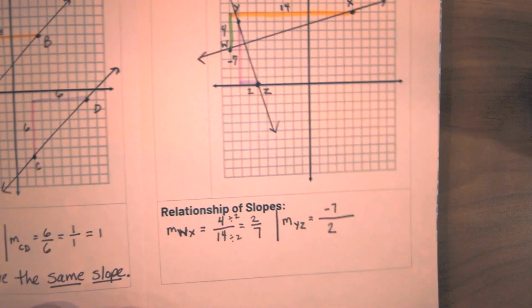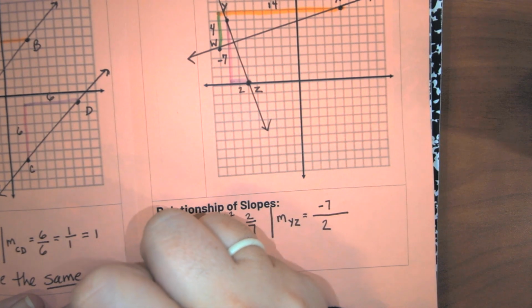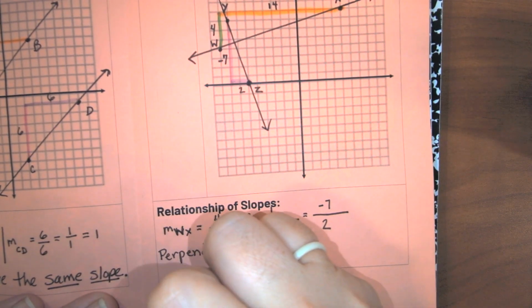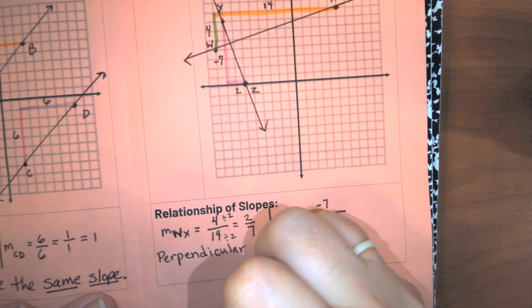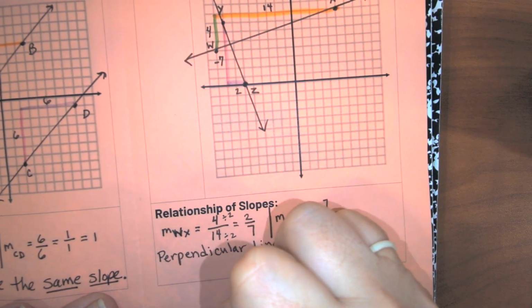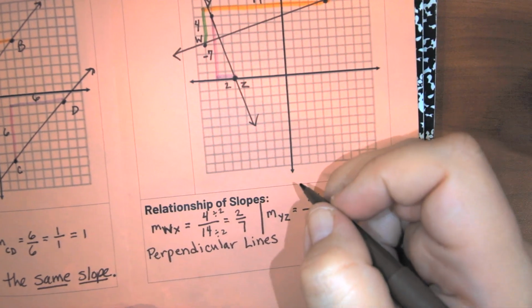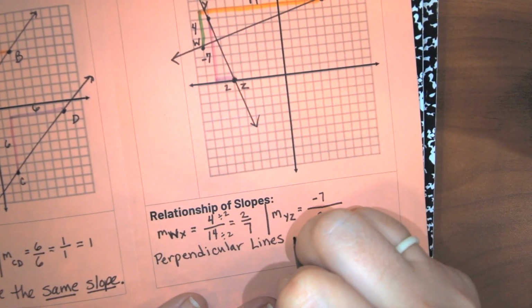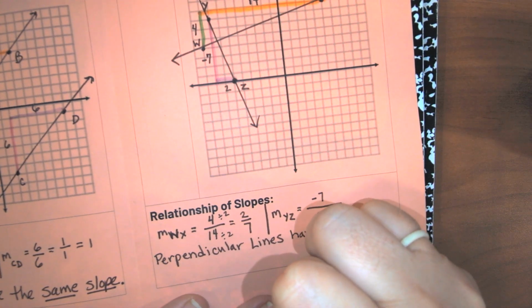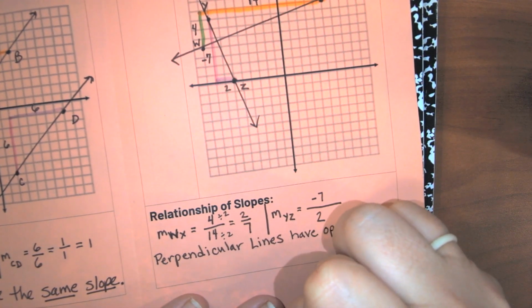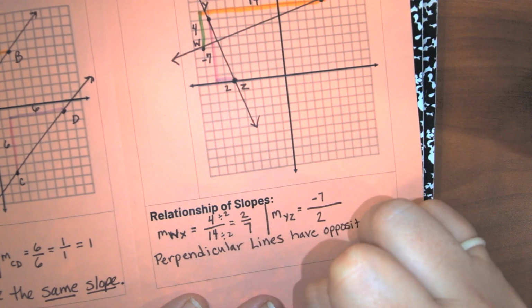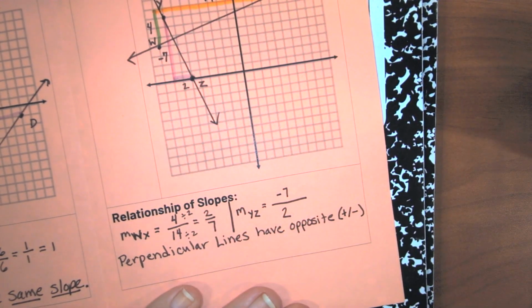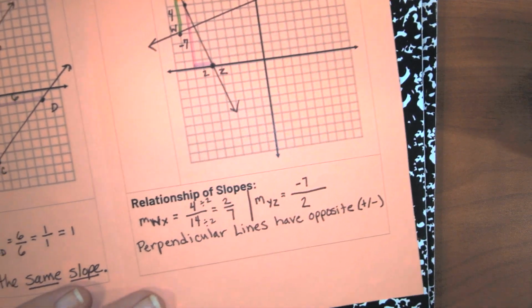So we're going to say perpendicular lines have opposite, meaning one is positive and one is negative. That's the math word for opposite, or that's the meaning of the word opposite in math. And in parentheses, I'm going to put a plus and a minus, plus/minus, so we remember that's one positive, one negative.